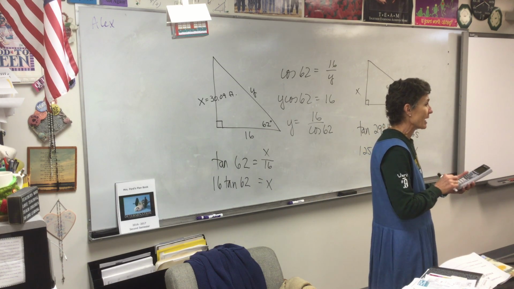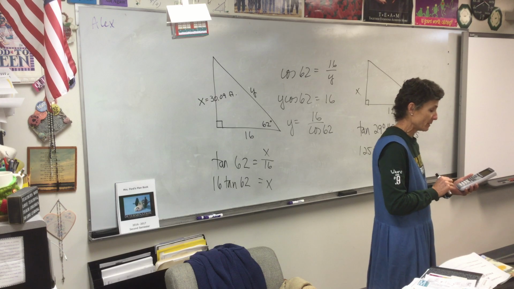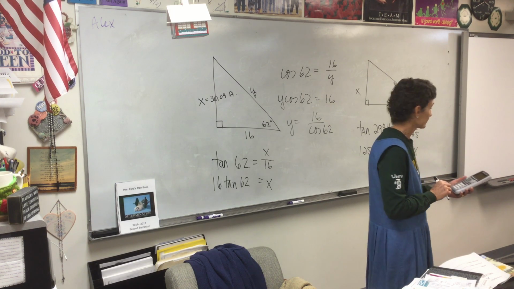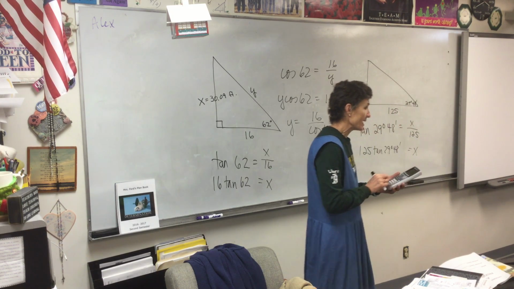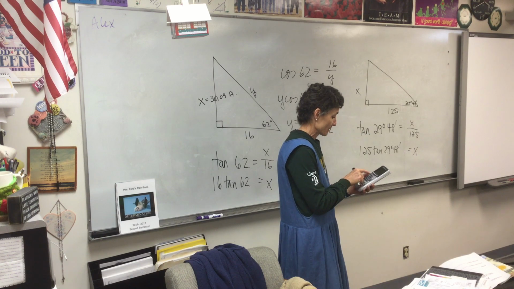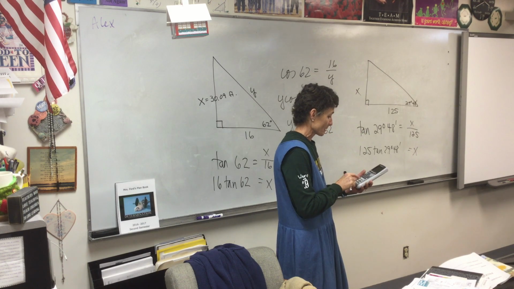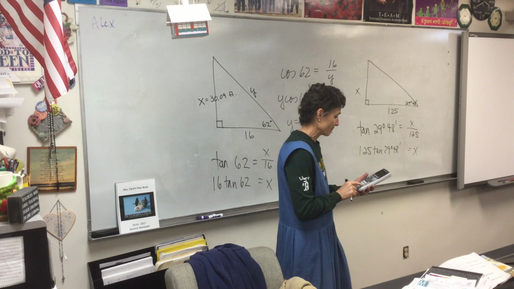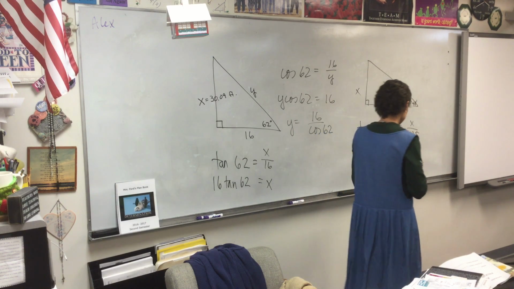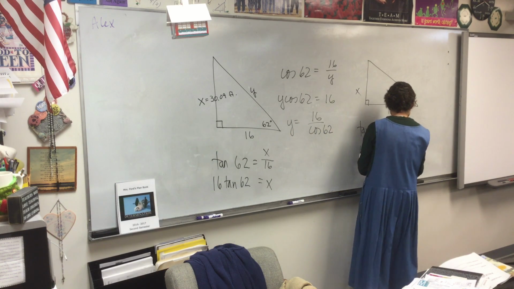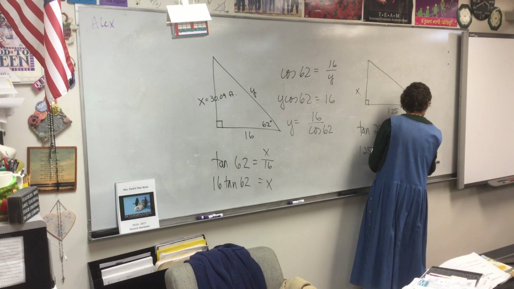Second apps, that's your angle menu, and you pick degrees. And then 48, second apps, go down to minutes, and there we go. And the answer should be 71.59 feet.